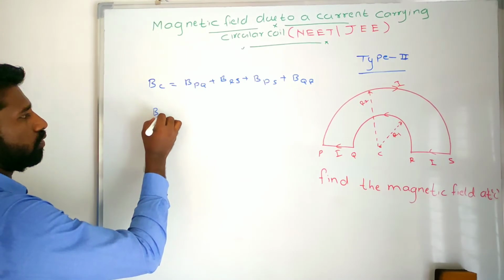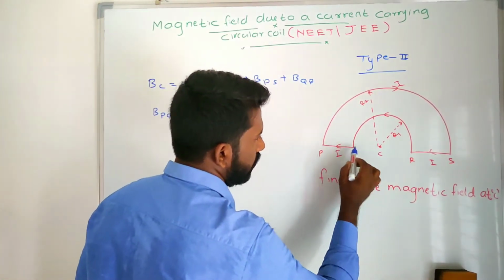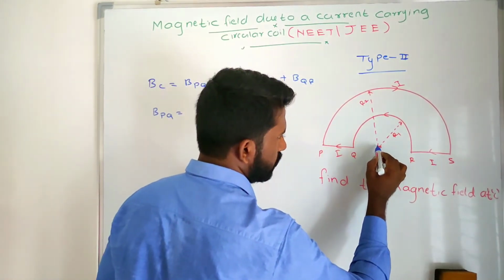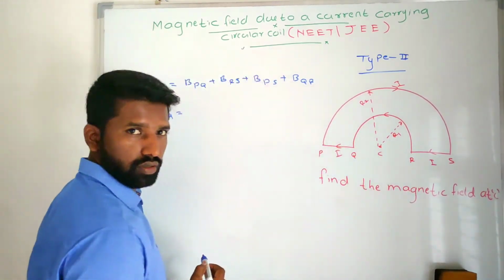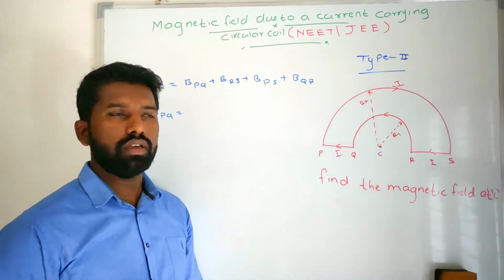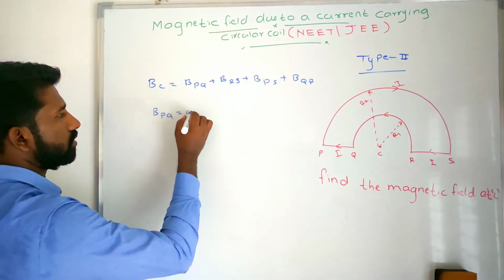So first of all I am going to find out the magnetic field due to PQ and RS. Magnetic field due to PQ. This is a straight conductor. For this straight conductor, this point C is along the axis. So the magnetic field at a point along the axis of a straight conductor is 0. So this is 0.